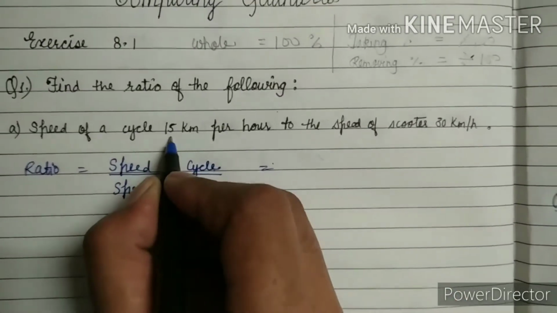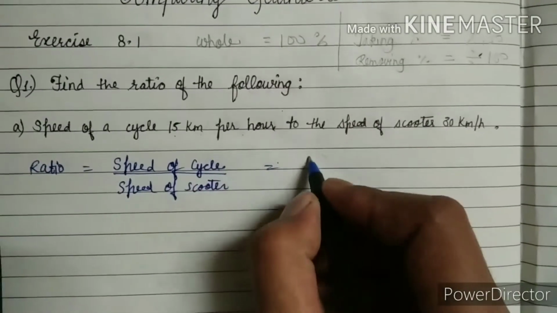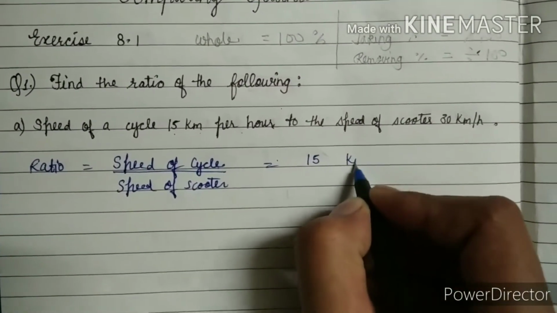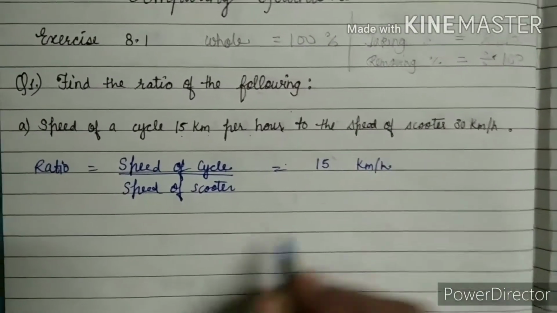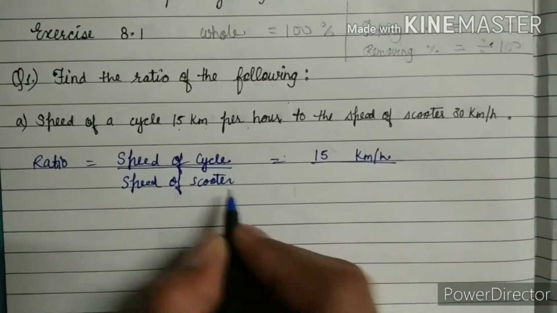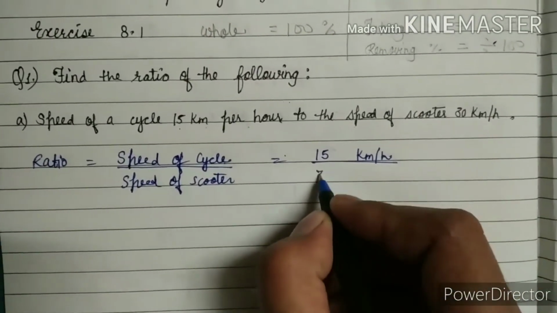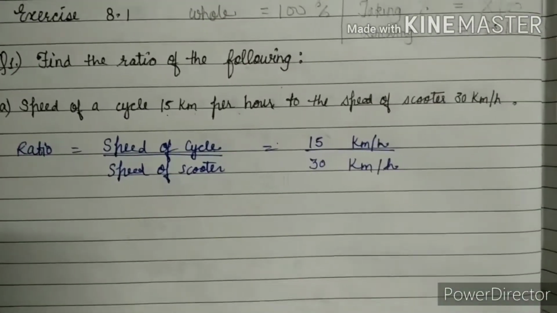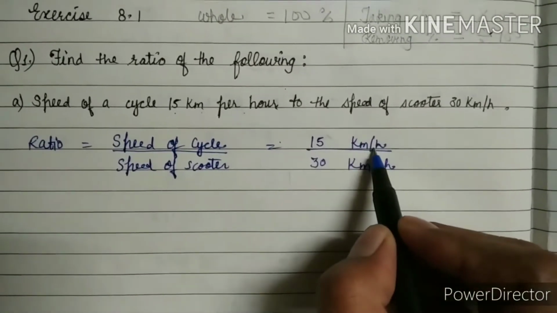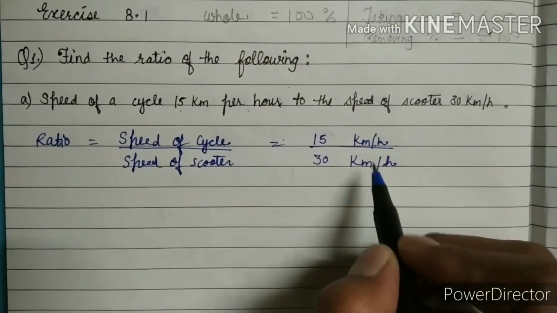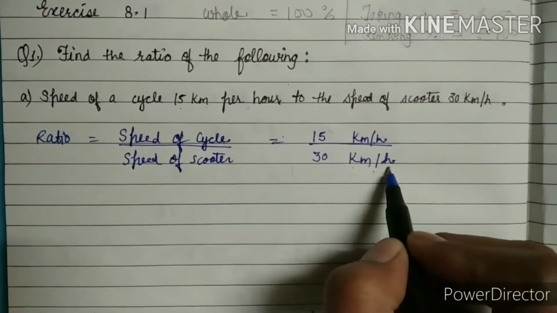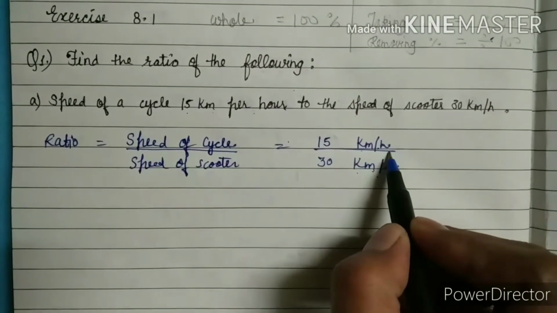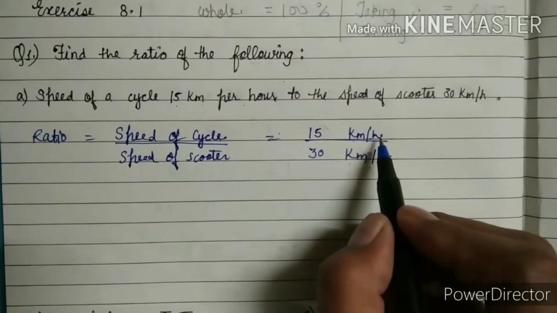Speed of cycle is 15 km per hour, so here is 15 km per hour, and speed of scooter is 30 km per hour, so here will come 30 km per hour. So in the numerator and in the denominator we have the same thing, that is kilometer per hour, so we can cancel it.